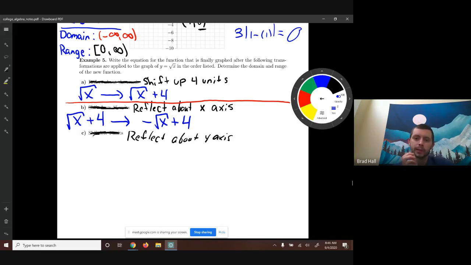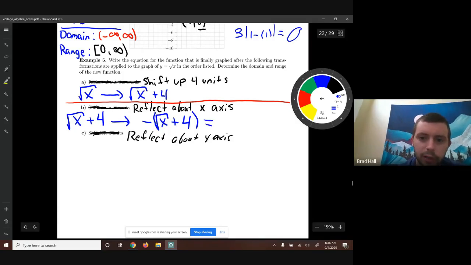This is just making the first term negative. To make the whole function negative, this is the important part: you have to add parentheses around it. That's the part you're missing if you're getting this problem wrong, provided you do everything else right. You have to put the parentheses, so then you distribute the negative sign.